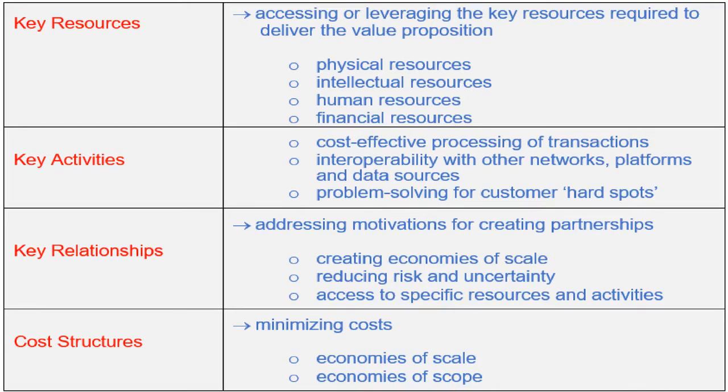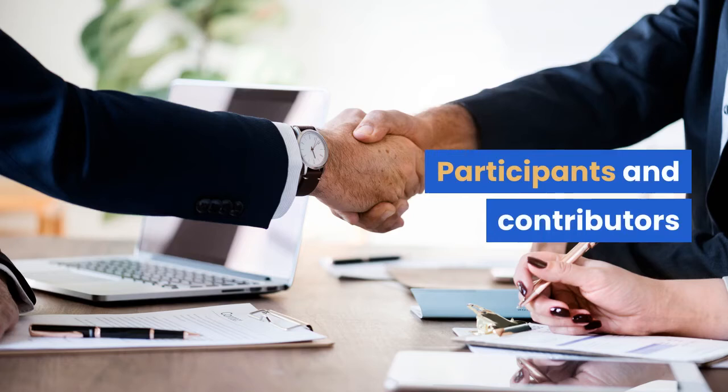Key activities: cost-effective processing of transactions, interoperability with other networks, platforms, and data sources, problem solving for customer hotspots. Key relationships: addressing motivation for creating partnerships, creating economies of scale, reducing risk and uncertainty, access to specific resources and activities. Cost structure: minimizing costs, economies of scale, economies of scope.